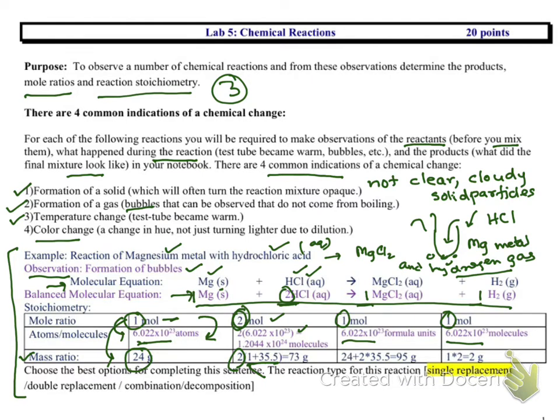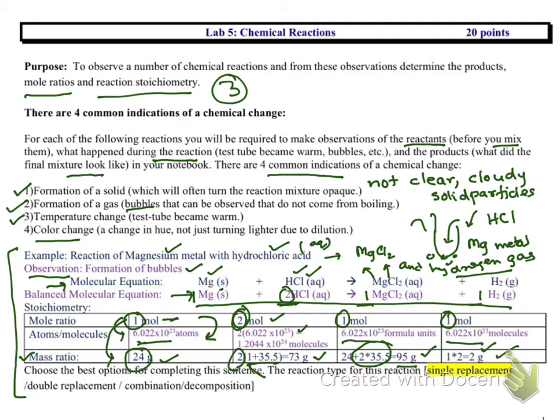For magnesium chloride, magnesium is 24, chlorine is 35.5 times 2, and when you add, you get 95 grams. And 1 mole of hydrogen, 1 times 2 is 2. That means 24 grams of magnesium reacts with 73 grams of HCl to produce 95 grams of magnesium chloride and 2 grams of hydrogen gas.